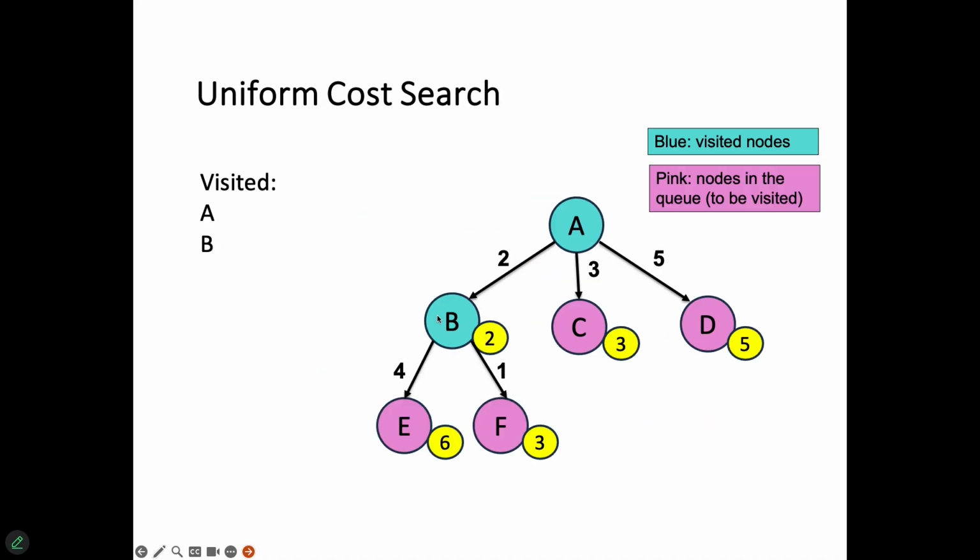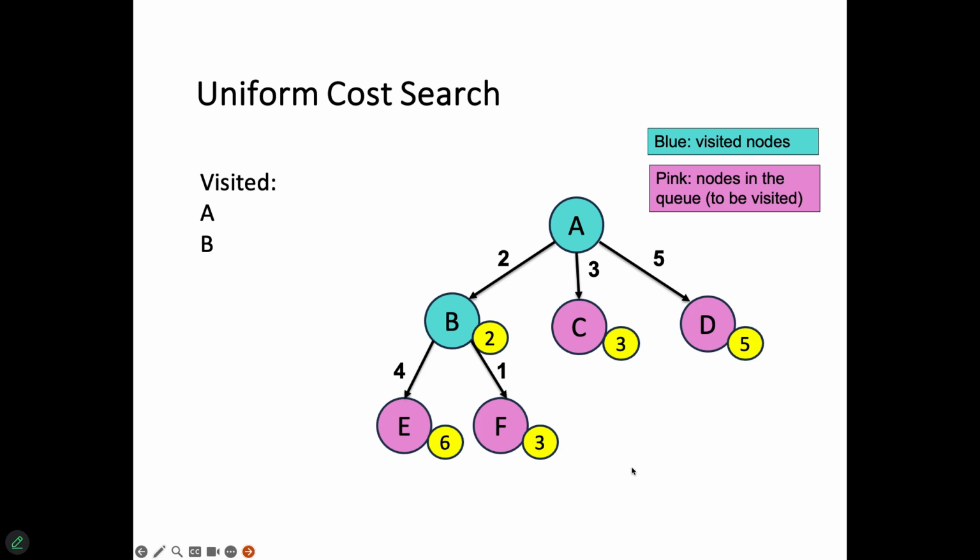When you visit B, it means that you explored it completely and expanded B, so it has E and F. And now, as I mentioned before, you have to write the total cost, that is the cumulative cost from the root node to each node. The cost of node E is 6, because from A to E we have 2 plus 4, and the cost to reach F is 3, because we have 2 plus 1, 3, right?